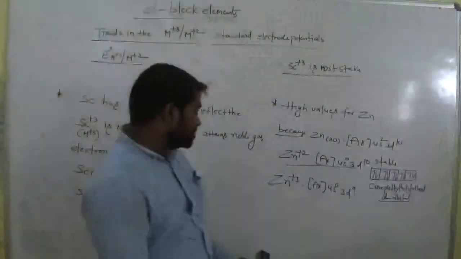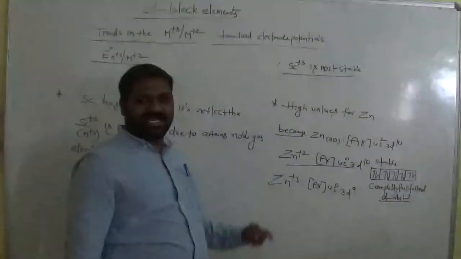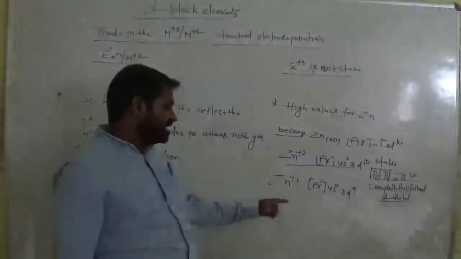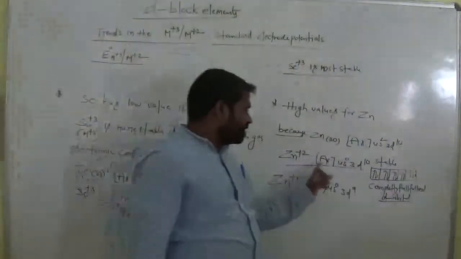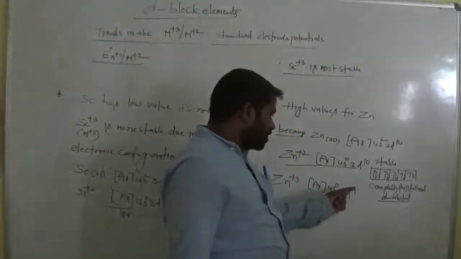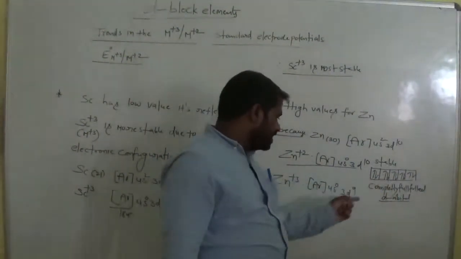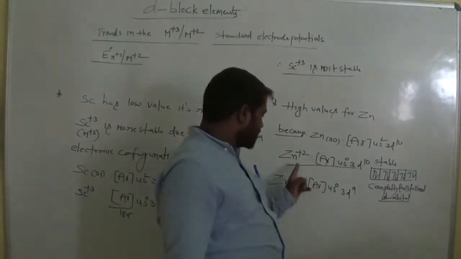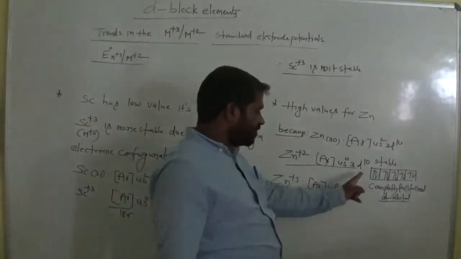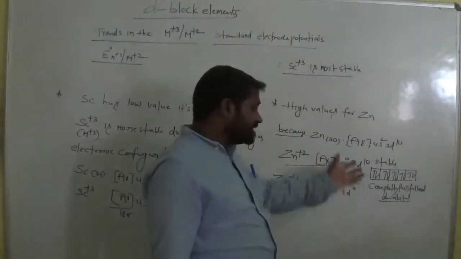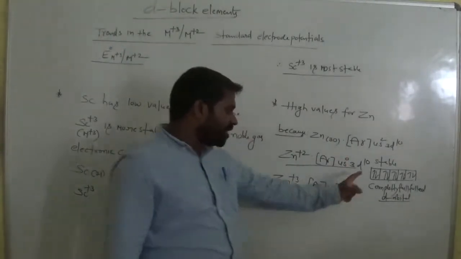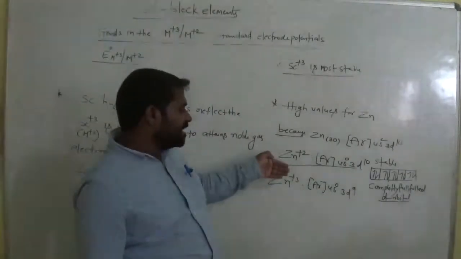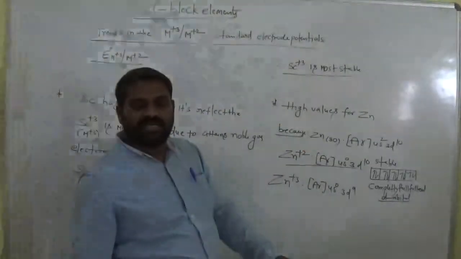So Zn+3 is less possible. Why? Because Zn+2 is already stable. Zn+3 means removing one electron from the 3d configuration of Zn+2. So it is difficult to remove the electron from 3d. That means Zn+2 is unable to lose an electron.